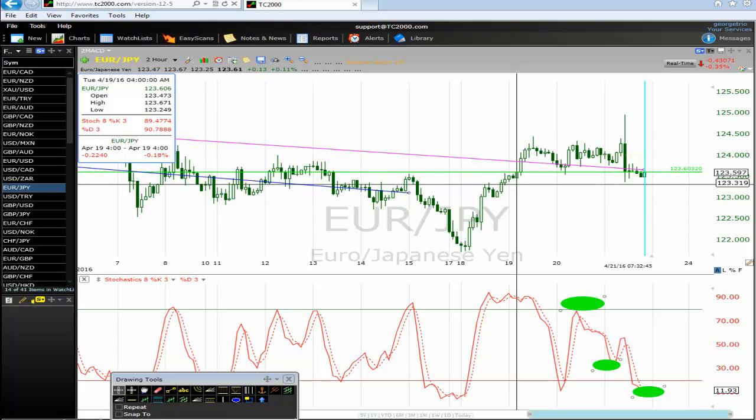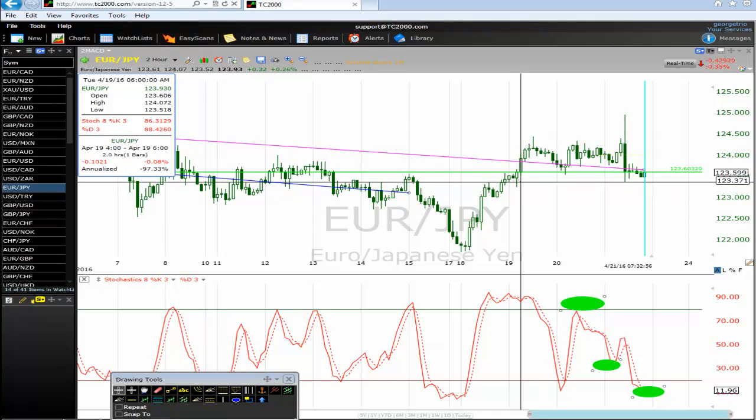All right. 25 pips. Okay, I will use for this trade 25 pips. No, I will not use 25 pips. I will use for this trade 30 pips.